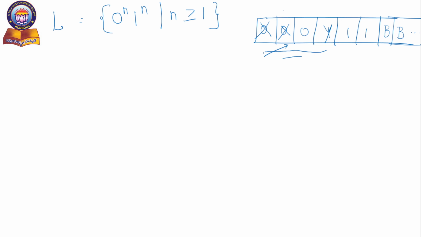This 0 will also be changed to x. Move again towards the right over the zeros and y's until 1 is read. When 1 is read by the machine, that 1 will be changed to y. Again the same process: move towards the left over the y's and zeros until the rightmost x is encountered. Then we move one cell towards the right.